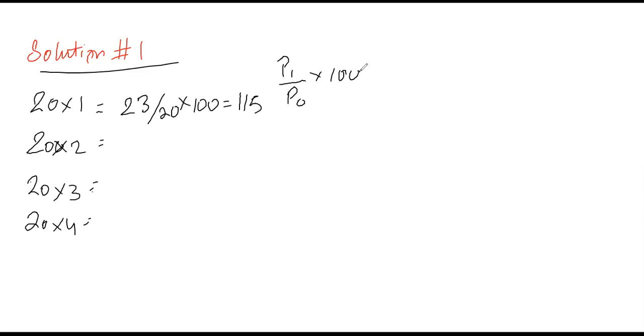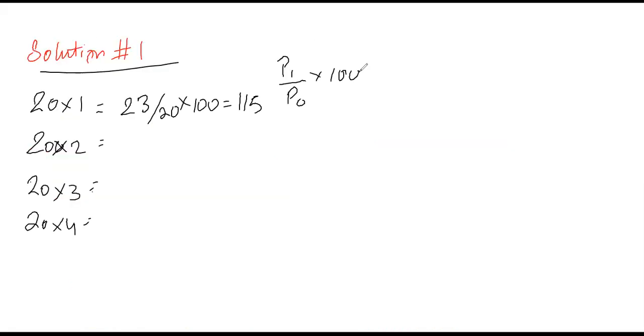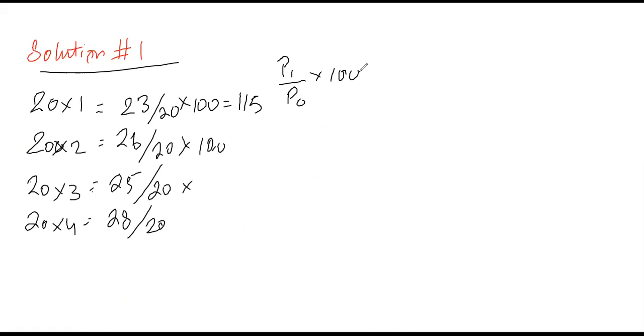Then I'll go with the next amounts: 26, then 25, then 28, divided by the base year. It's one of the simplest forms of calculation that we use to calculate the index number using the simple index formula.